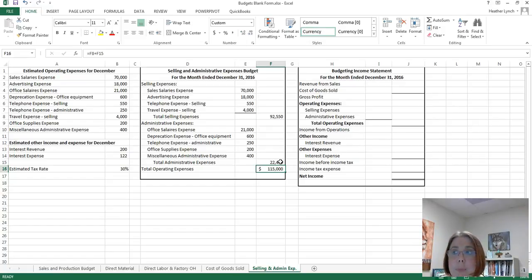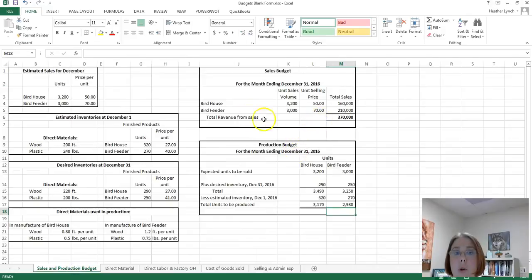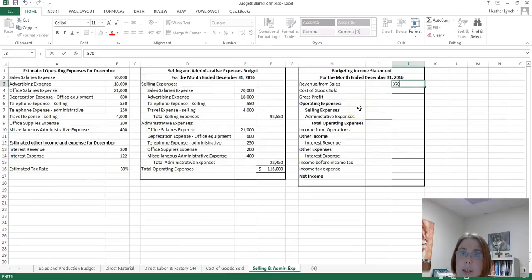Now let's bring this whole entire budget together. Okay, so we're going to start with revenue from sales. This comes from your total revenue from sales budget of $370,000.